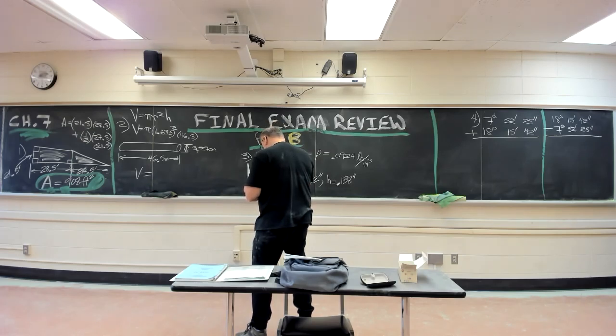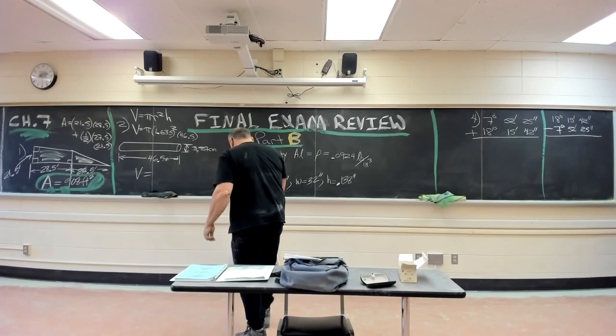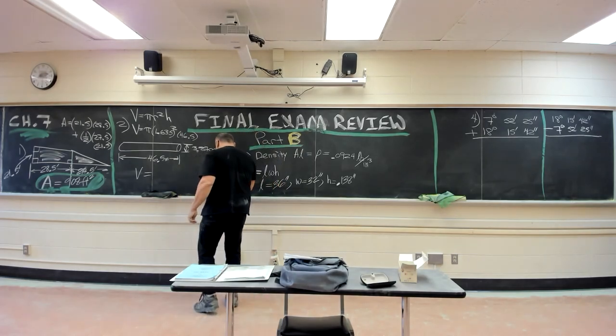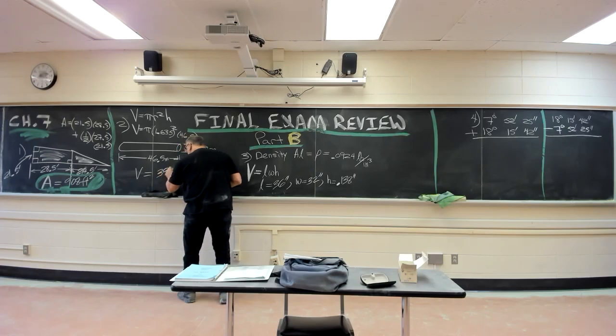Let's go 3.1415926 times 1.635 squared times 46.5. I got 390.5156.